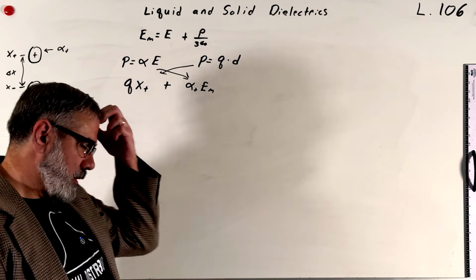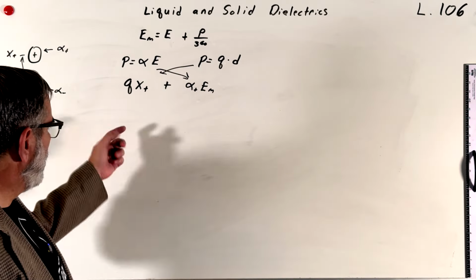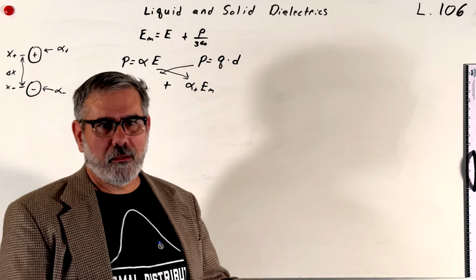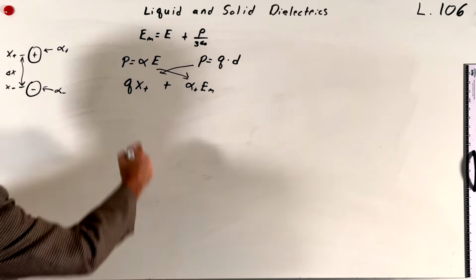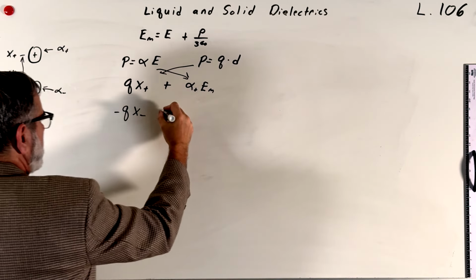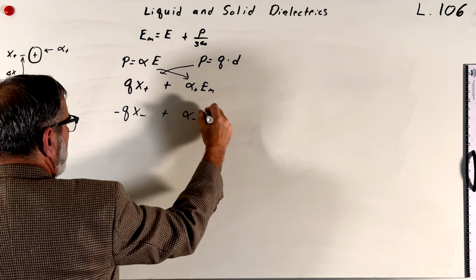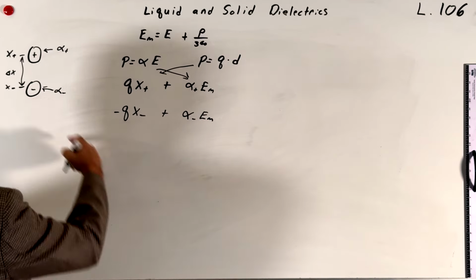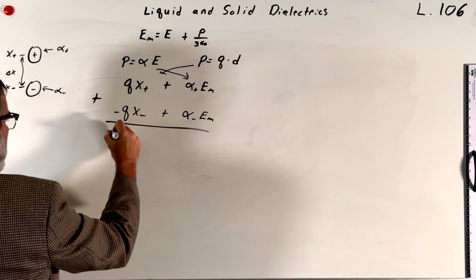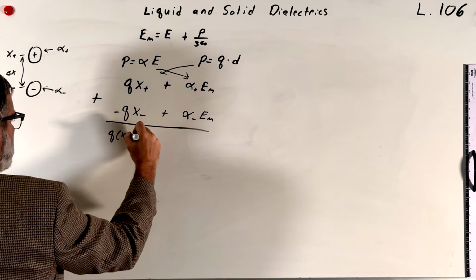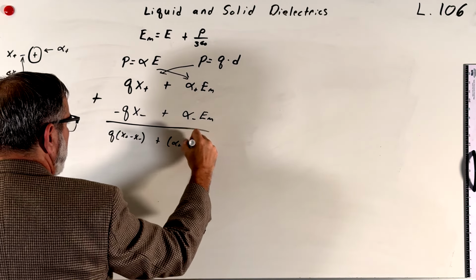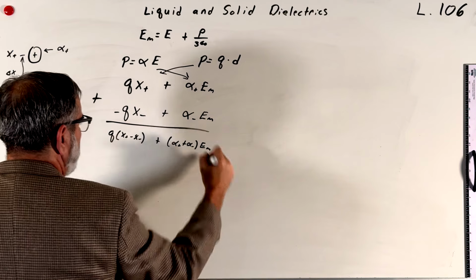You can think of the dipole moment as being a result of a charge times a displacement, or as a result of molecular polarizability times an electric field, okay? But we'll also have the negative Q x minus plus alpha minus times the same molecular field, right? That's for the negative ion. If I add these two together, I end up getting Q times (x plus minus x minus) plus (alpha plus plus alpha minus) times E sub m.